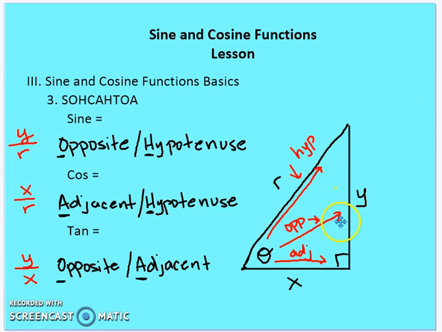Opposite is always in relation to the angle that you're measuring or referring to. So sine would be the opposite side y over the hypotenuse, which is r. Adjacent side would be x over r, and then tangent is opposite y over adjacent x.